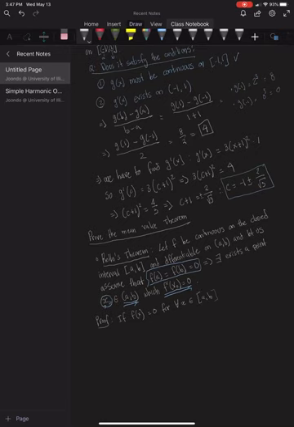For all x in A and B, we can choose x naught in A and B, assuming that f is not 0 everywhere.